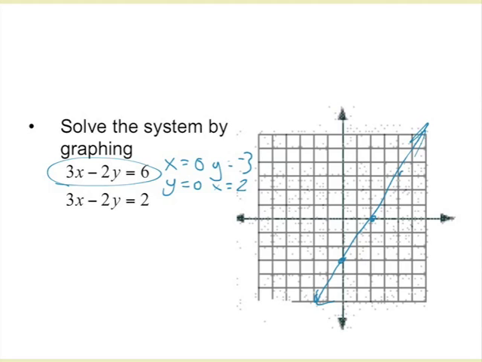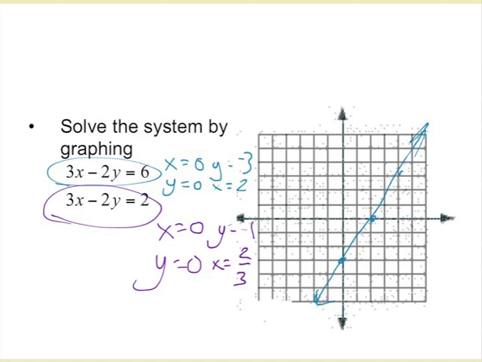I was not feeling extremely creative when I wrote this lesson. For the second equation, if I let x equal 0, what is y? -1. And if I let y equal 0, x is 2/3. So I get solutions of -1 on the y and 2/3 on the x.